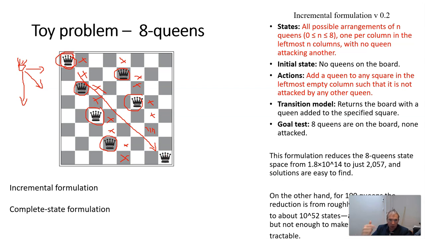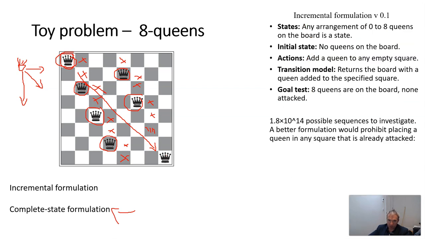The complete state formulation, which is the second approach, starts with all the A queens on the board initially, which is like the initial one we specified. And then we have to produce permutations of their positioning in order to try and identify a suitable goal state.